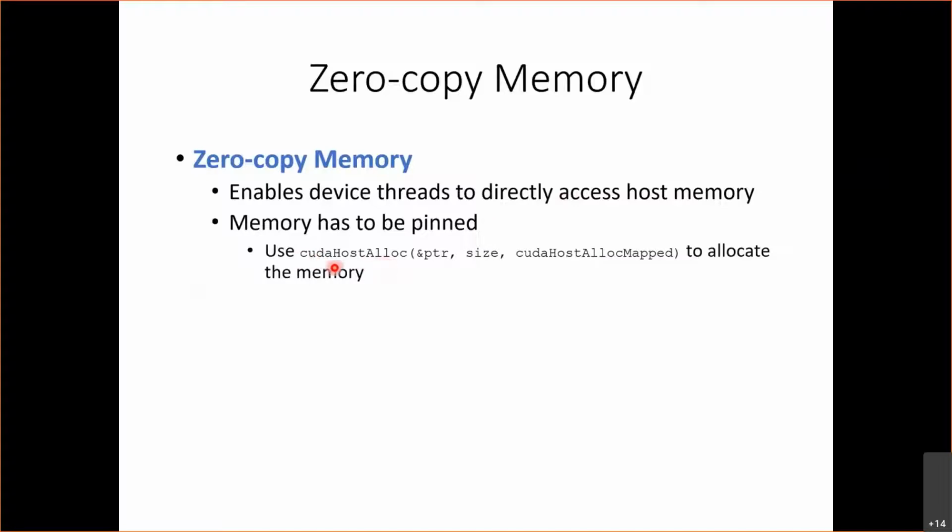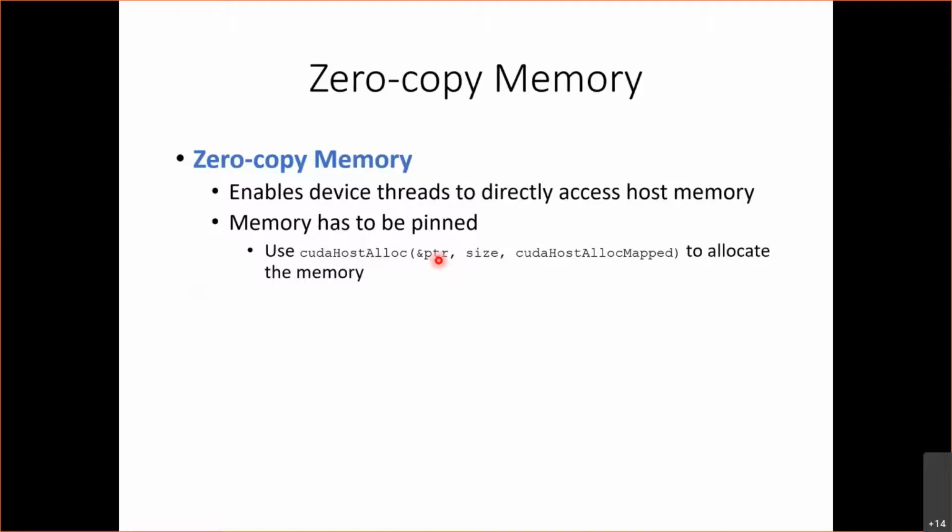When we use it to allocate memory, it gives us a certain memory range in the CPU that is pinned, and not only is it pinned, but if I try to access this data from the GPU, the runtime system will automatically copy this data for me from the CPU to the GPU.